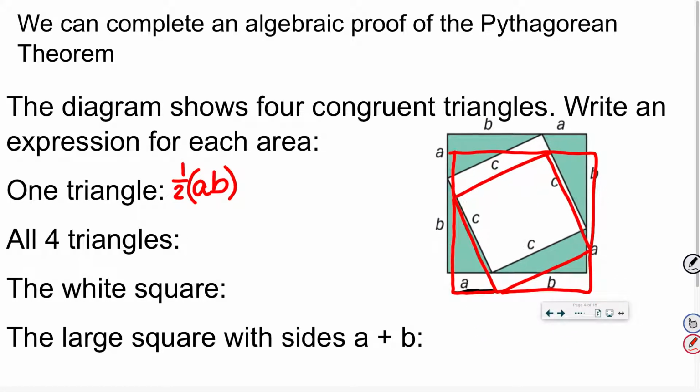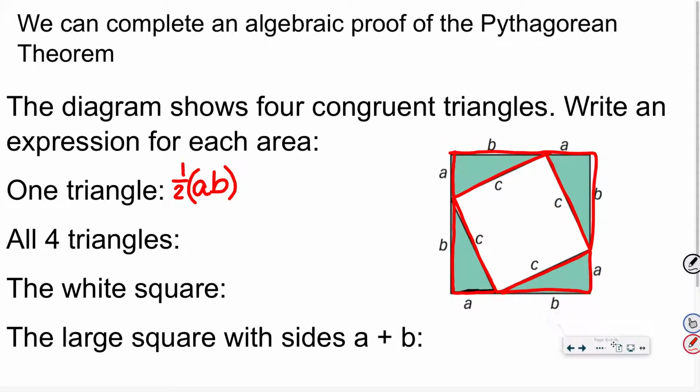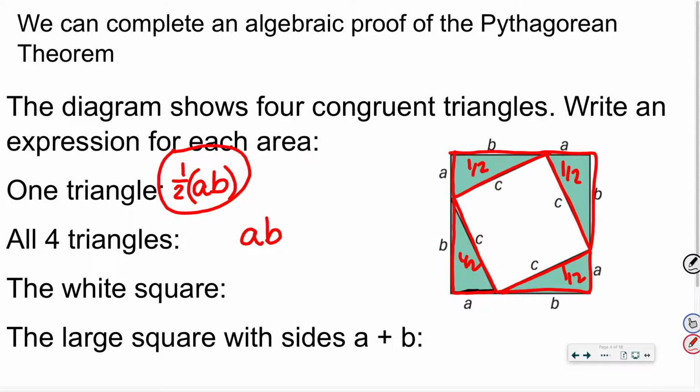So how many AB do I have if I put all 4 of them together? I have half here, and half here, and half here, and half here. So if I have 4 of them, what am I going to do with this? Multiply by 4, so how many do I have? What would that number be? 2. Good.